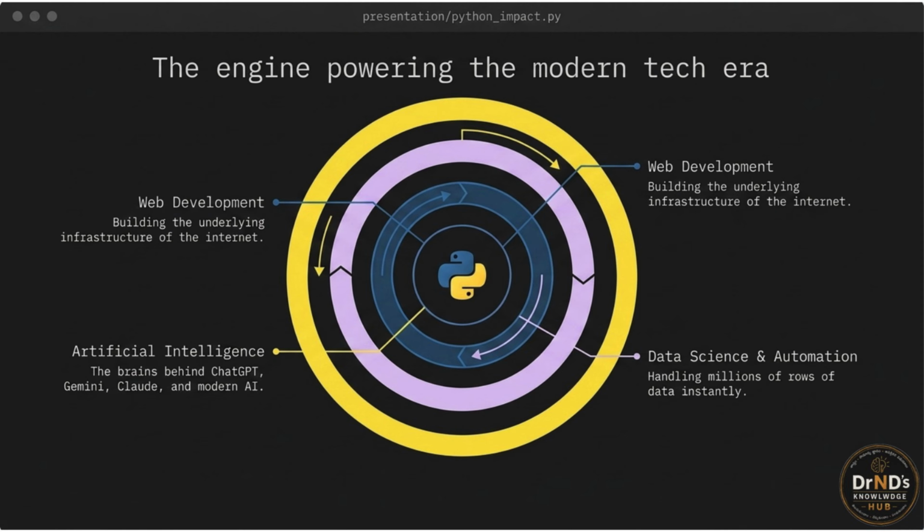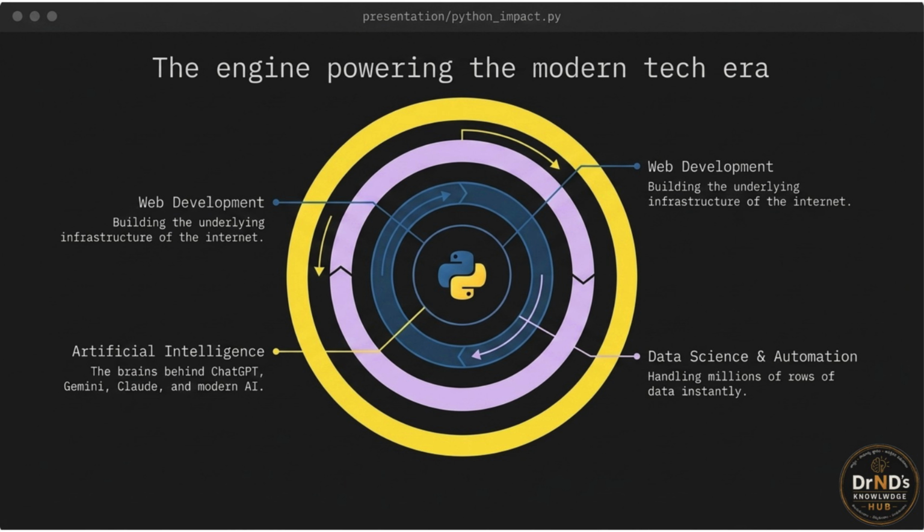This is one of the most important slides because it answers the question, why should I learn Python? Python is not just a programming language. It is the engine powering the modern technology era. From web development, Python helps build and maintain the infrastructure behind many websites and online services that we use every day.